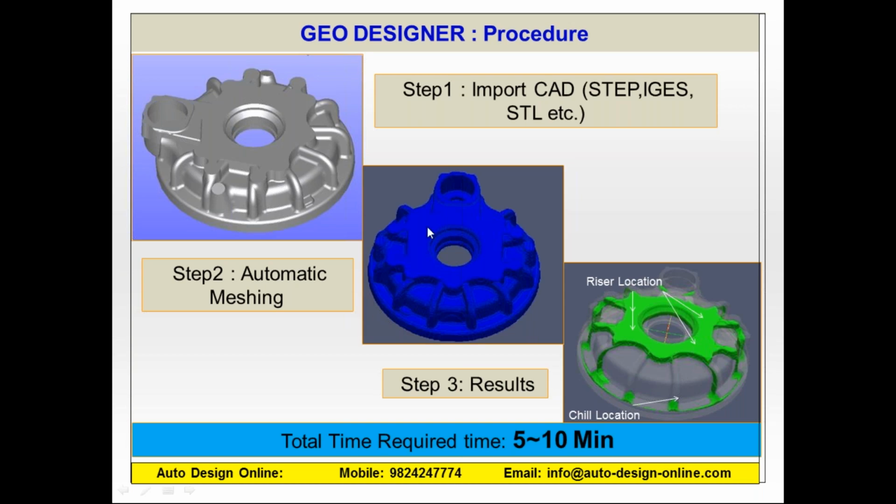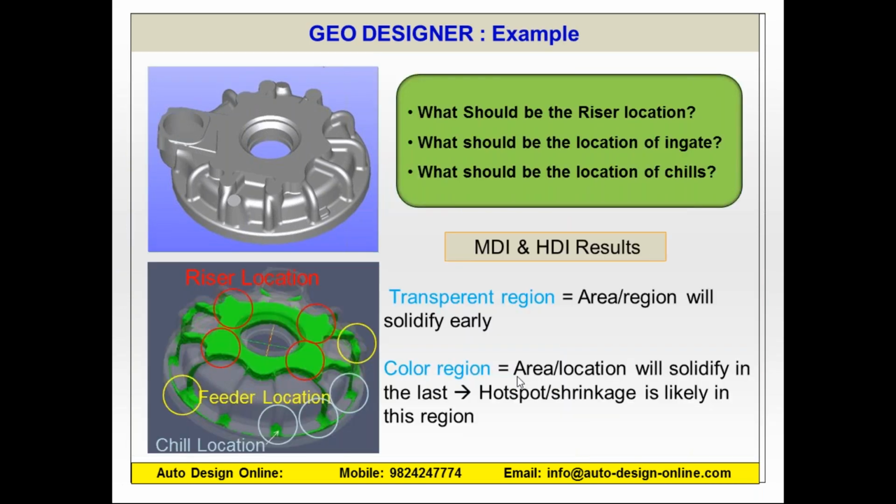After that, we will see the part where it will highlight some portions as transparent, while some portions are in color. What that means is that whatever portion you see as transparent, this portion or area will solidify first, and the portion you see in color will solidify later. That means this is your hotspot, which is likely to get shrinkage or porosity in this region as well.